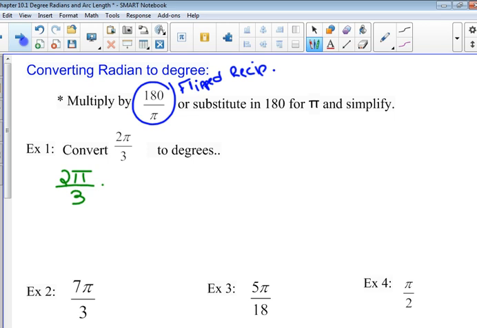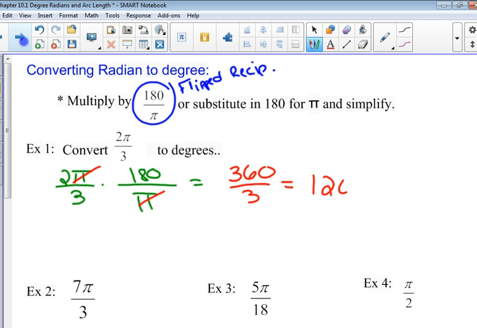So think about, if you wanted to go into degrees, where would the pi have to go to go away? The bottom, good. So that's how I remember the 180 has to go on top here, the pi would have to be on the bottom. Because now, when you multiply these, what happens to the pi? They cancel very nicely. So 2 times 180 is going to give us 360. Over 3 will give us 120 degrees.